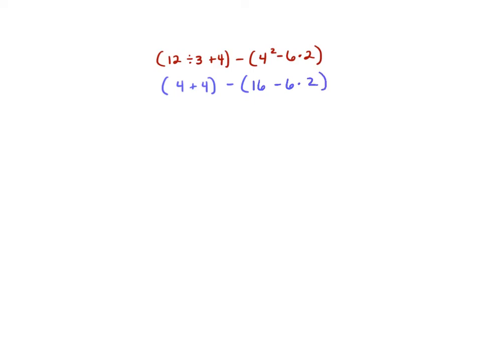Working inside my parentheses on the left-hand side, that's an 8. This second parenthesis, I've got 16 minus 6, but I've got a multiplication, so I have to do that multiplication first. 6 times 2 is 12. Working inside those parentheses, 16 minus 12 is 4. Leaving me with 8 minus 4, or 4.